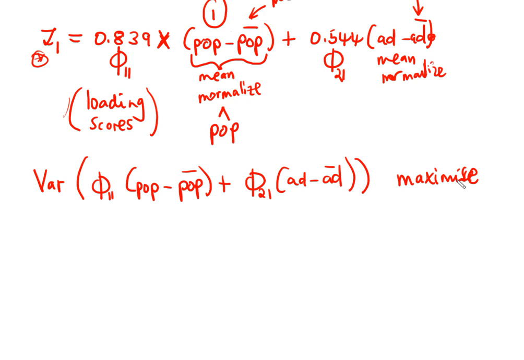And for us not to affect the trend in the data by introducing these phi's, we can constrain the phi's themselves such that phi 1 1 squared plus phi 2 1 squared is equal to 1. Otherwise someone could say, okay, I'm going to put phi 1 1 equal to 1 million, and that's going to affect the variance that was originally in the data.